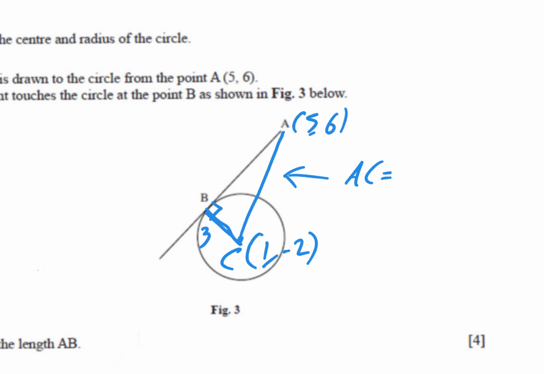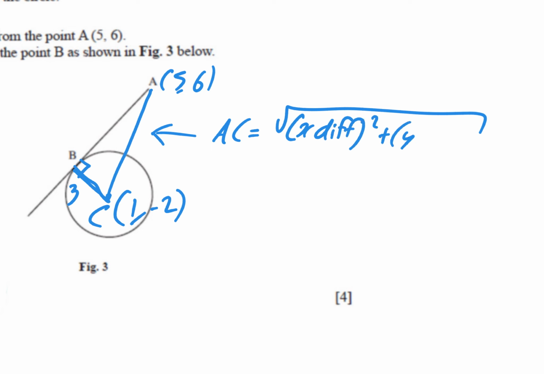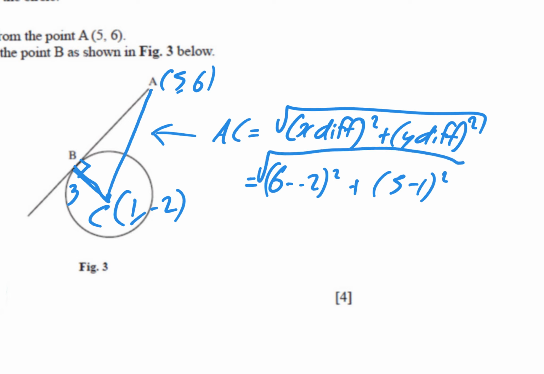From your coordinate geometry formulas, I would write that as the square root of x difference squared plus my y difference squared. So basically by Pythagoras, you're finding the distance between A and C. So to find that, I'll do 6 minus 2, and that's getting squared, plus 5 minus 1, and that's getting squared, and we'll square root.